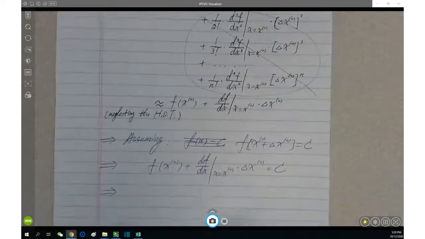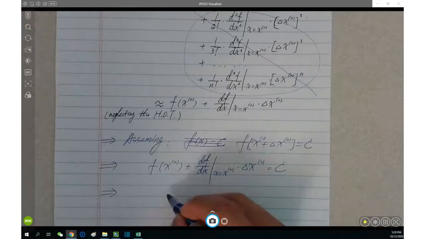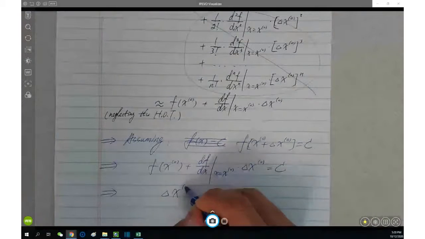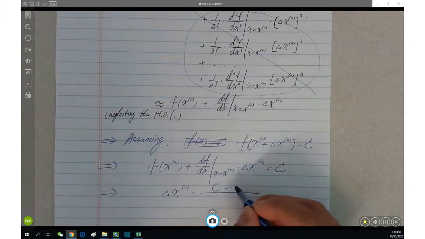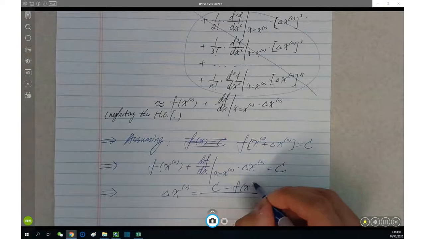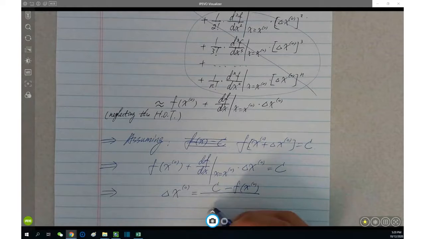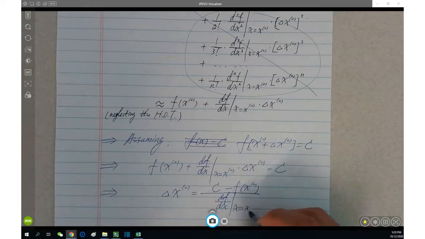And further, we are able to derive delta x of 0 equals the constant minus f of x of 0, divided by the derivative at x of 0.